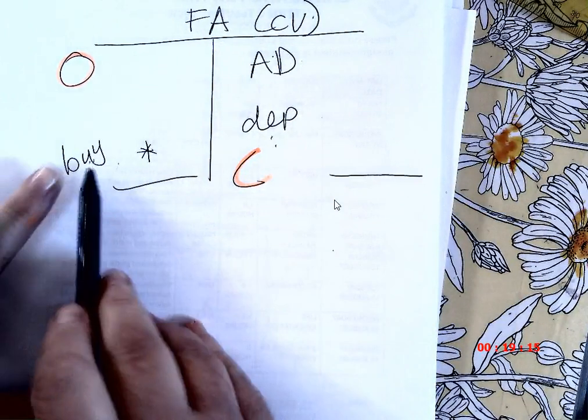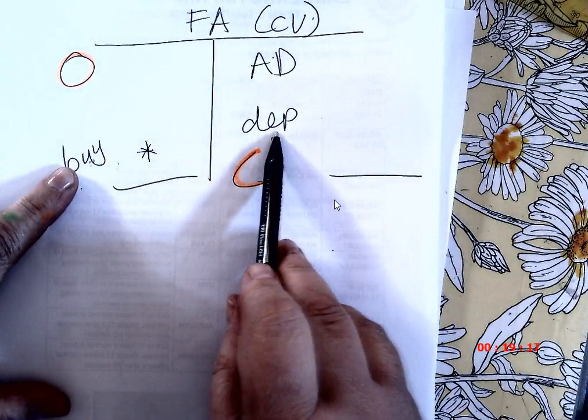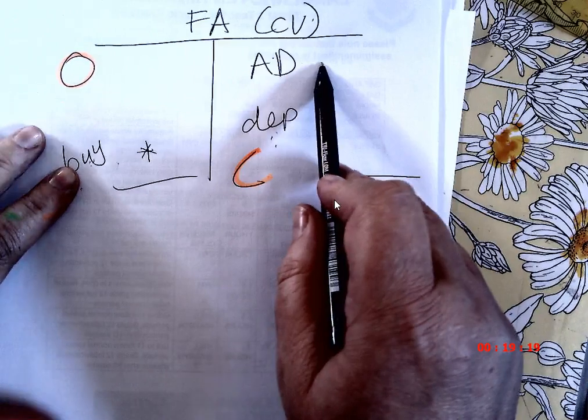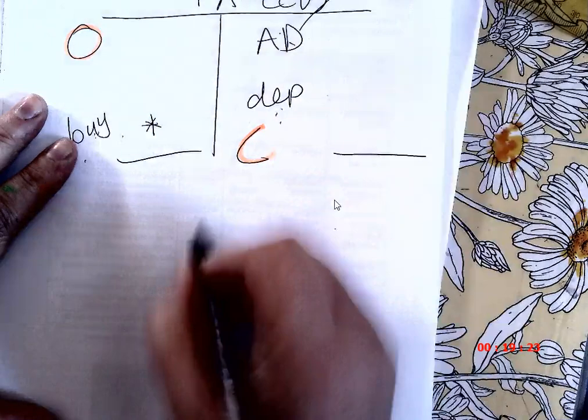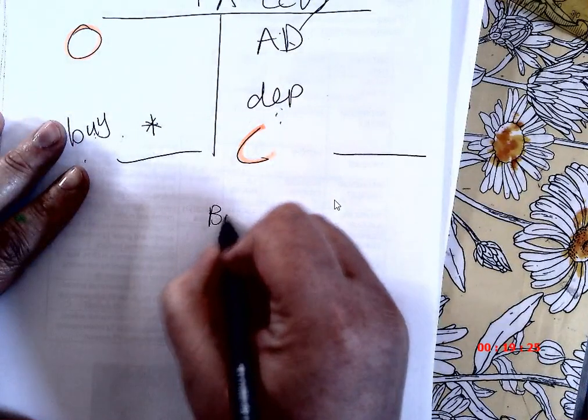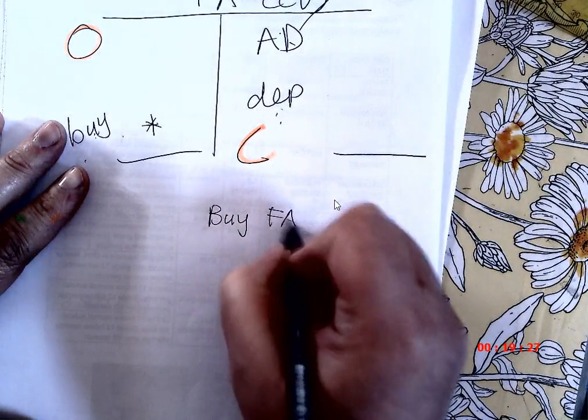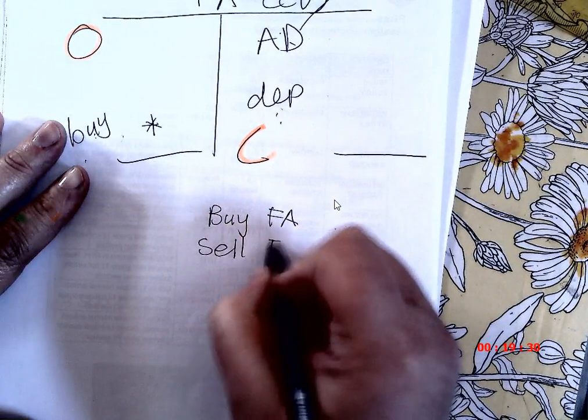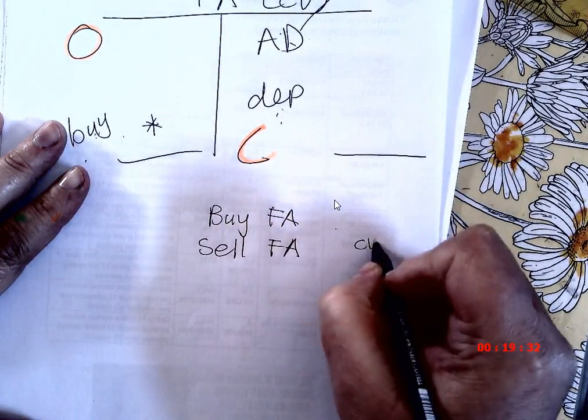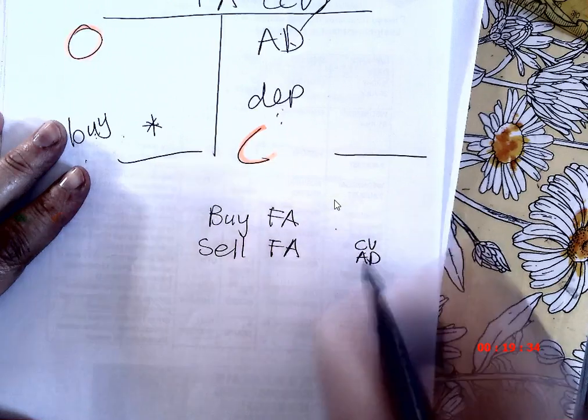If they give me the buying and the depreciation, I can calculate the asset disposal, which is the amount that goes into the face, because in your face it will say buy fixed assets, sell fixed assets. And that sell fixed assets is the carry value of the asset disposal.